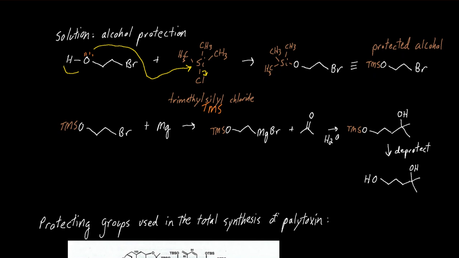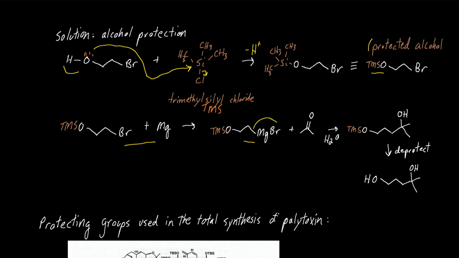That results after deprotonation on the end of this oxygen, results in an OTMS protecting group. So that's a protected alcohol. Now the protected alcohol can be used to make the Grignard reagent from that process.